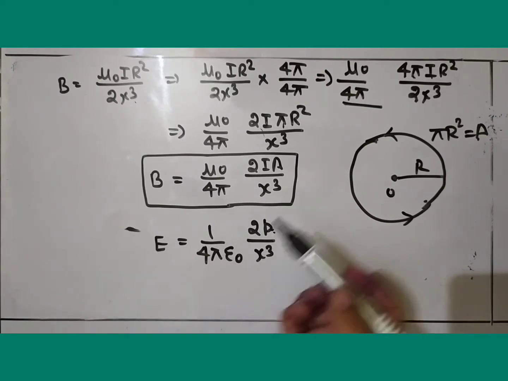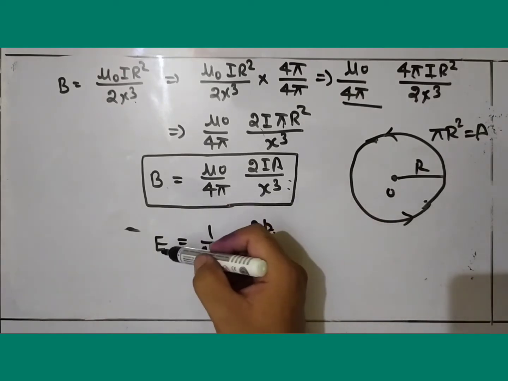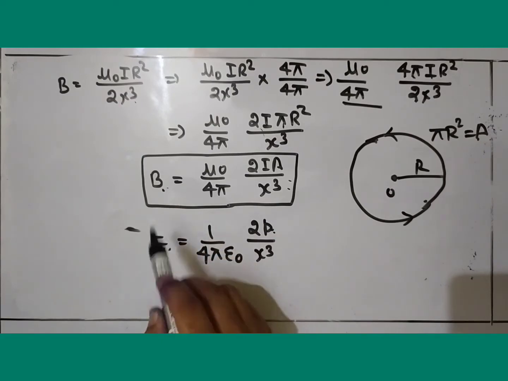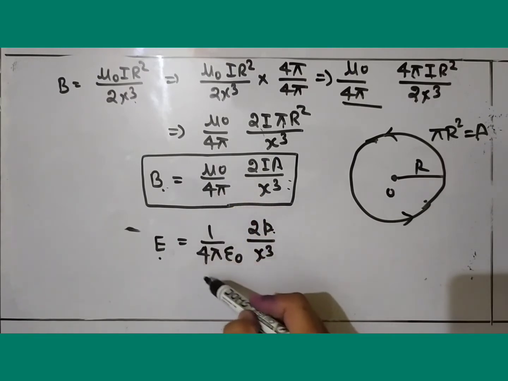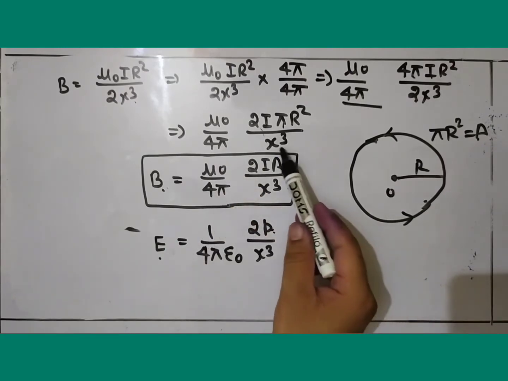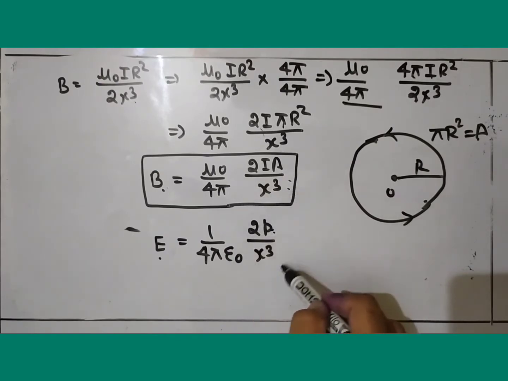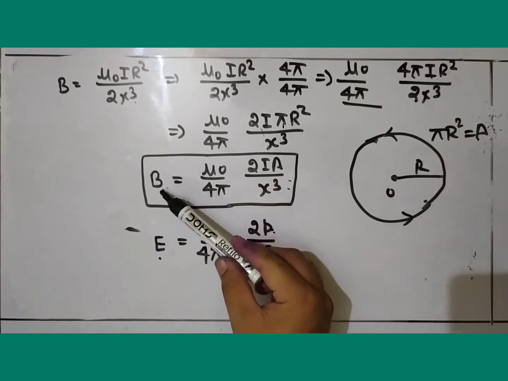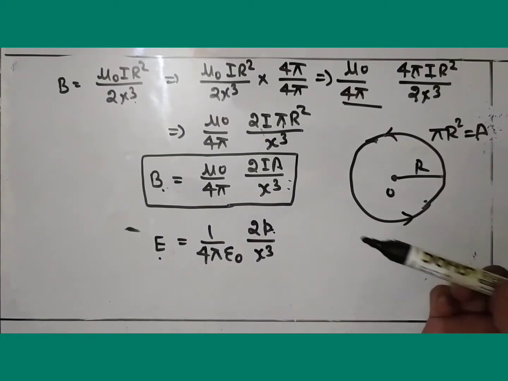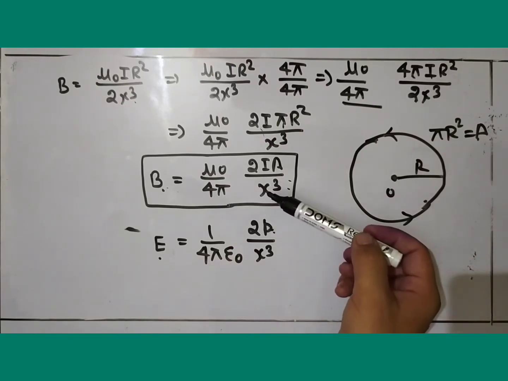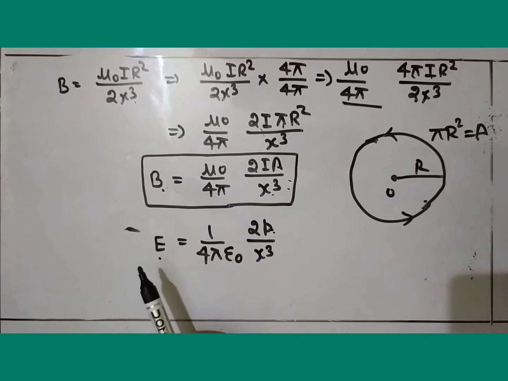Now, if you compare these two formulas, B and E, here B is the magnetic field, E is the electric field. Okay, mu 0 over 4 pi is the constant term. Here 1 over 4 pi epsilon naught is the constant term. 2IA over x cube, and this is 2p over x cube, meaning the magnetic field at point P, which is lying at distance x from the center of the loop, has the same dependence on x as the electric field E depends on x, which is the separation of the point P from the dipole.